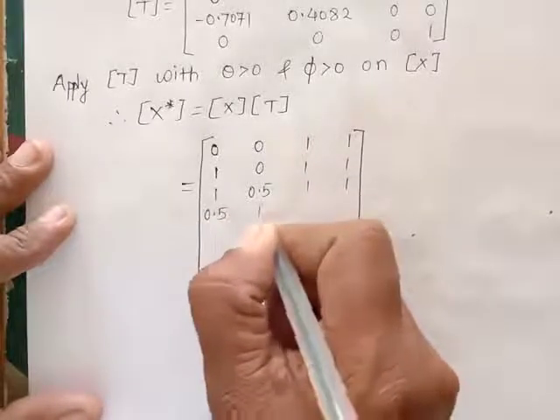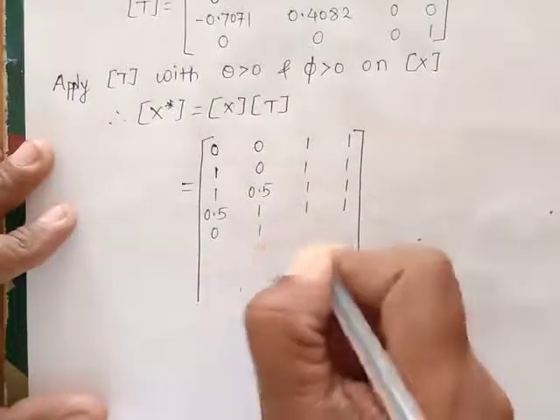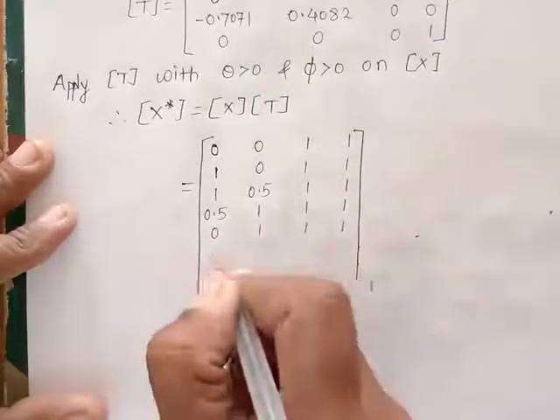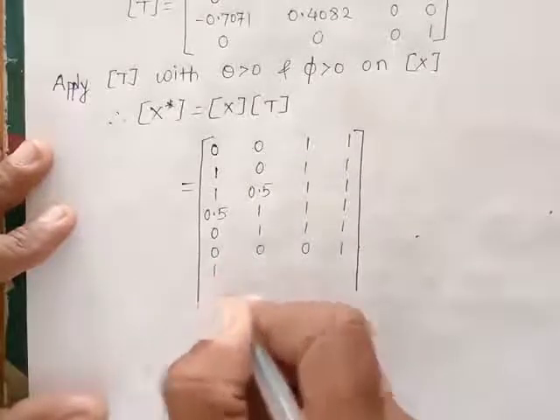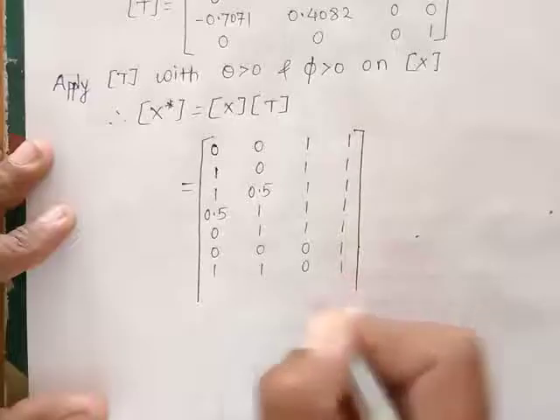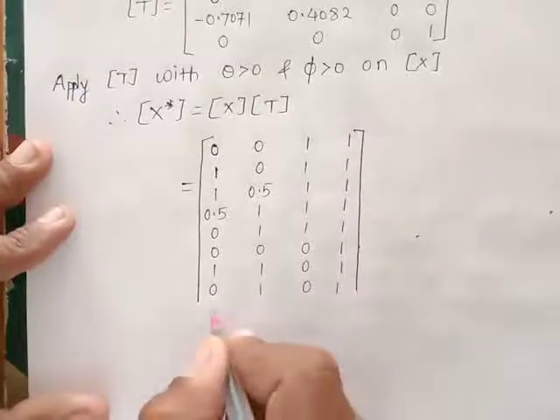0.5, 1, 1, 1; 0, 1, 1, 1; 0, 0, 0, 1; 1, 1, 0, 1; 0, 1, 0, 1.